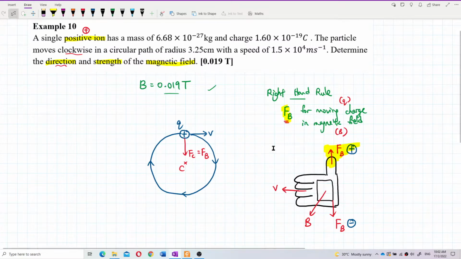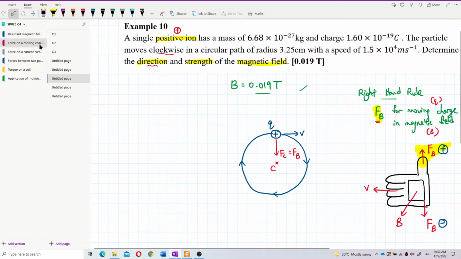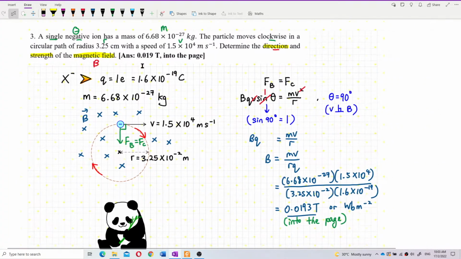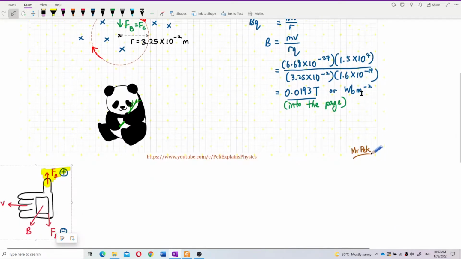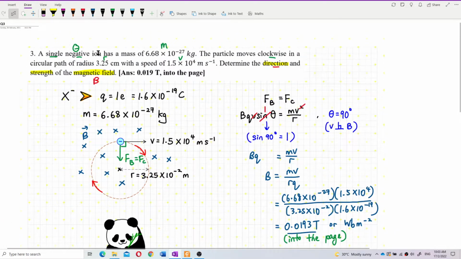Okay, so I want to copy this. So the right hand rule: in the previous example, this one is a negative ion, isn't it? It's a negative ion.